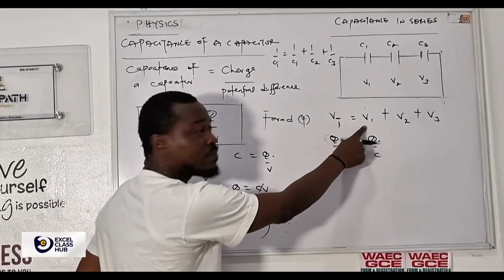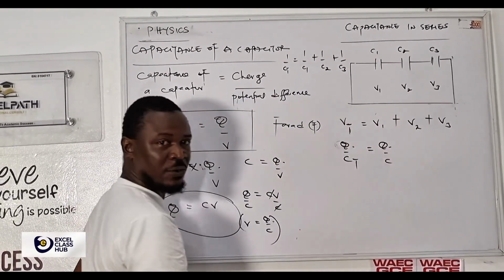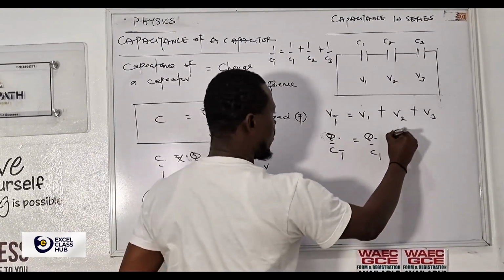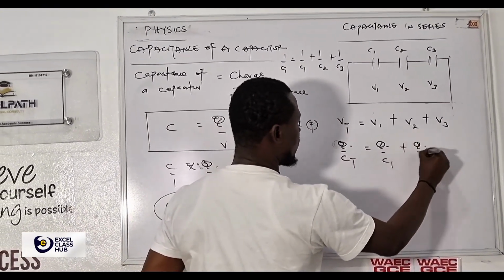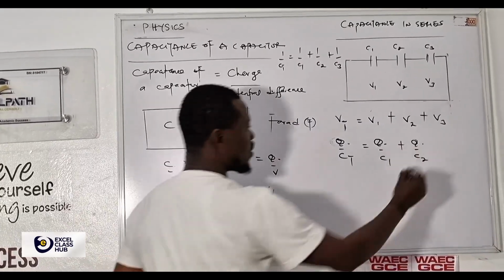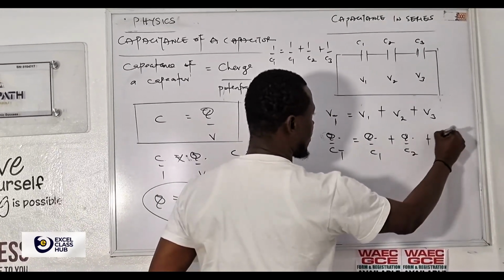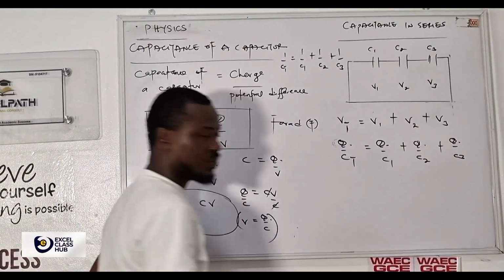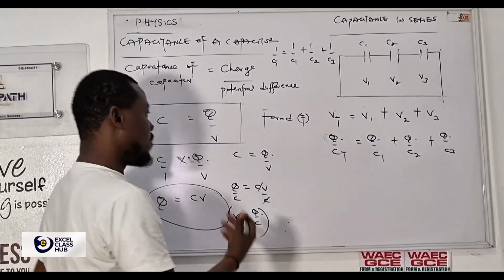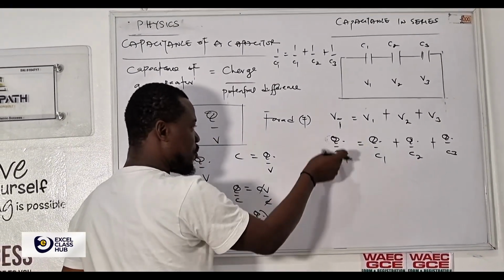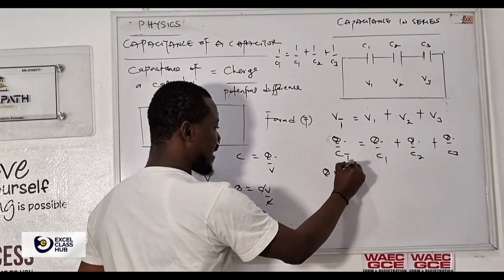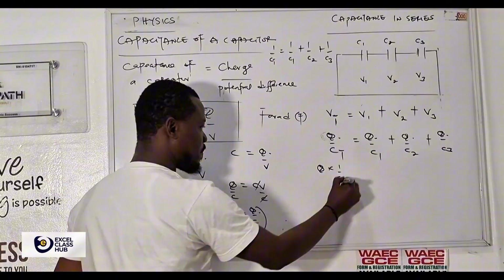But this V1 is across C1. It will now be Q over C1. Plus the next one will be Q over C2. The next one also will be Q. V3 is across C3. Am I communicating? You move further again. When you have this Q over C total, it can still give me Q times 1 over C total if I expand it.